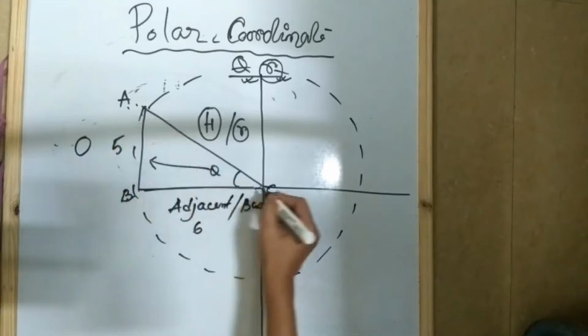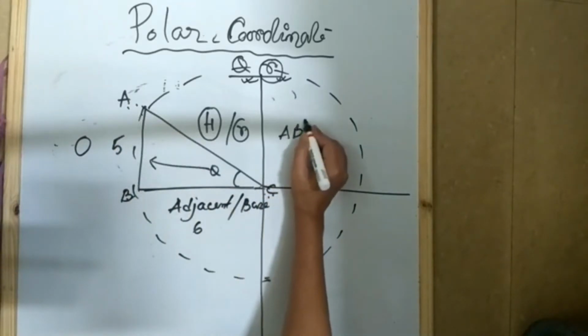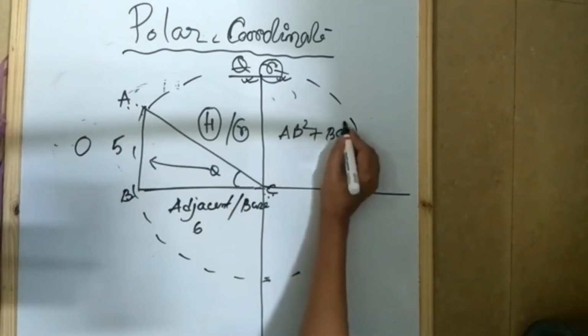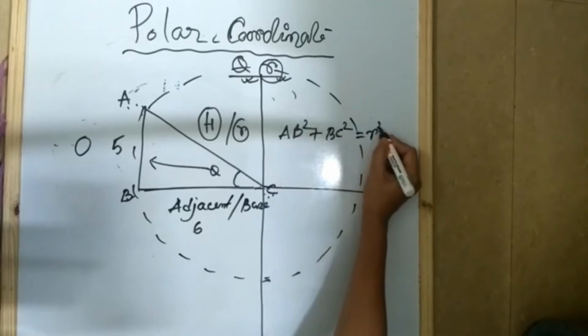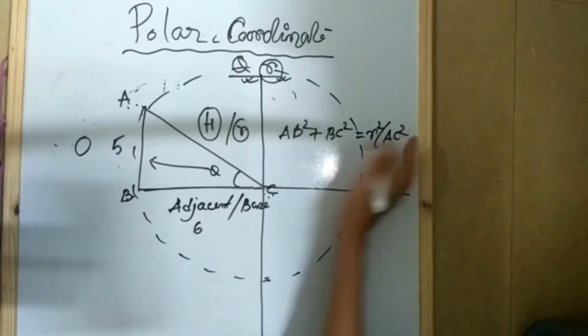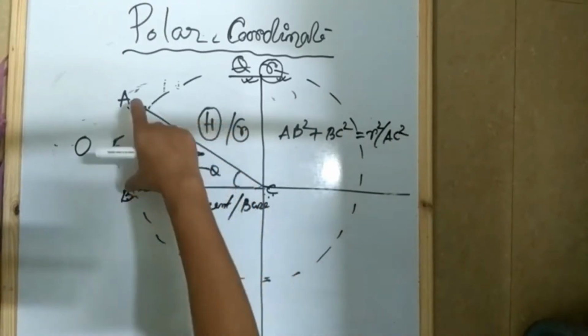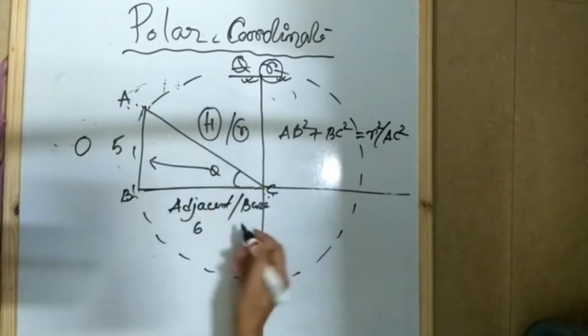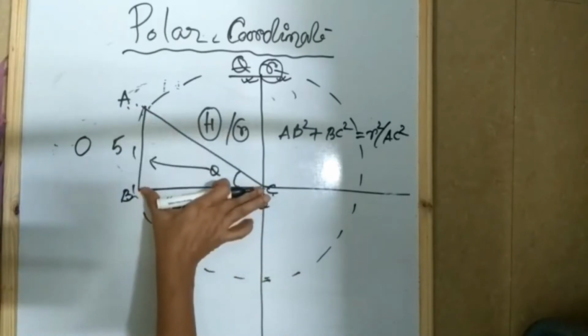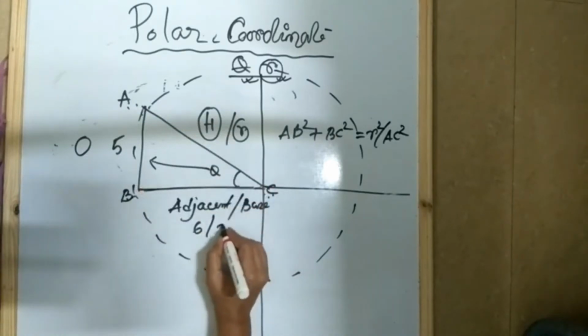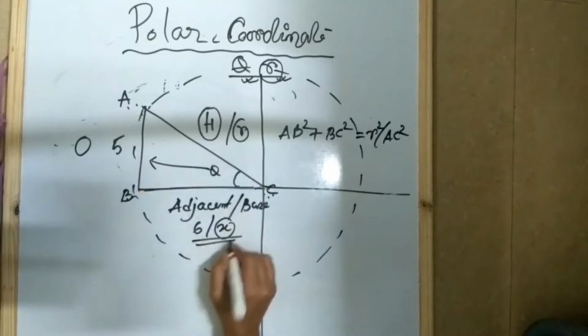AC square is R square. Your A and B are known because the base is the x-axis, so your x value is known to you.